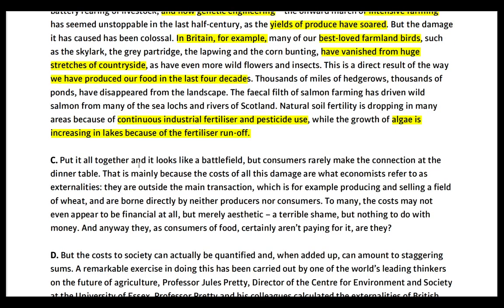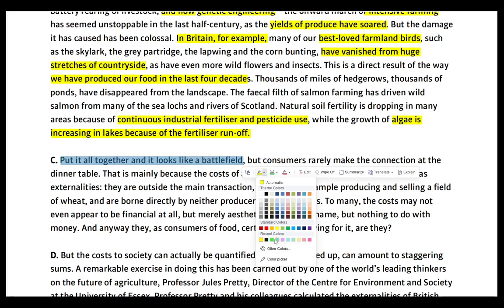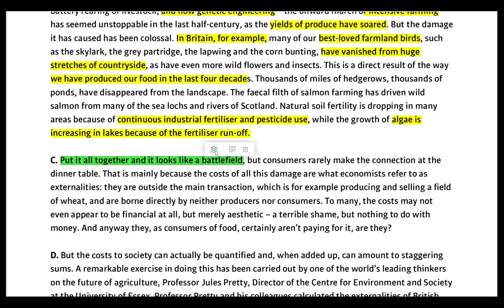Put it all together and it looks like a battlefield. Once again, we're going to choose a different color, somewhat purple, because I love choosing colors. But consumers rarely make the connection at the dinner table.